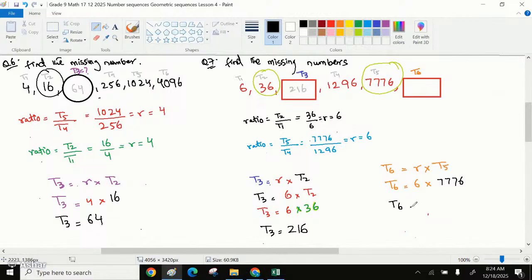That means term 6, when we multiply them together, 7,776 multiplied by 6, the answer comes out to be 46,656.